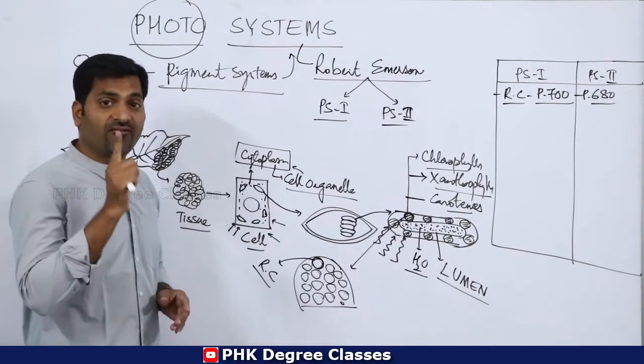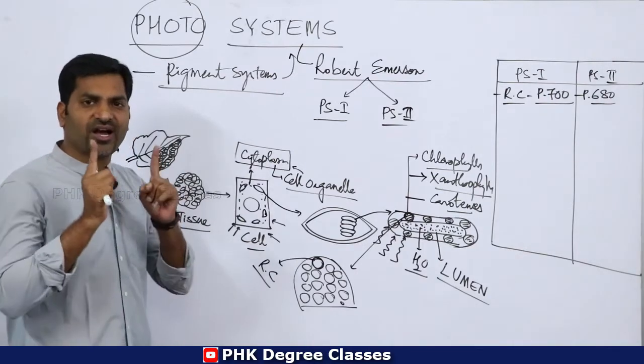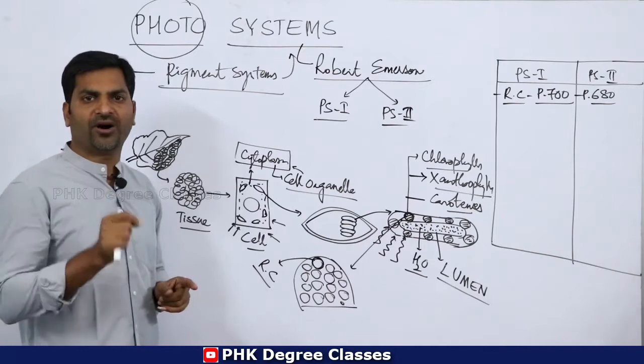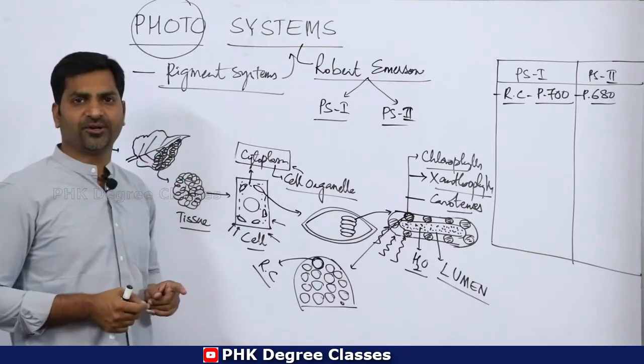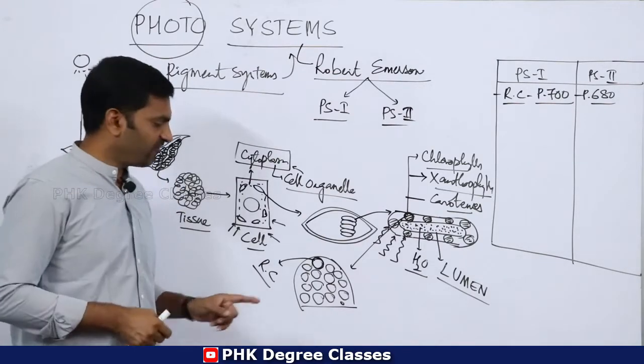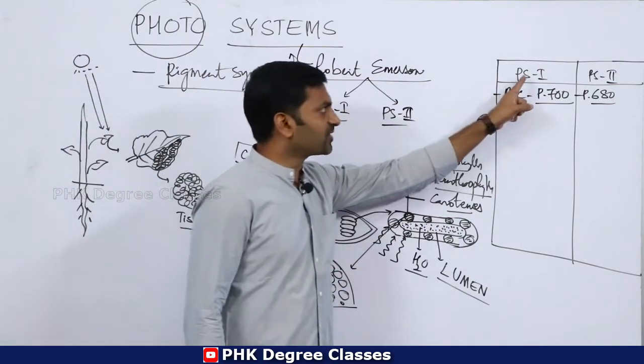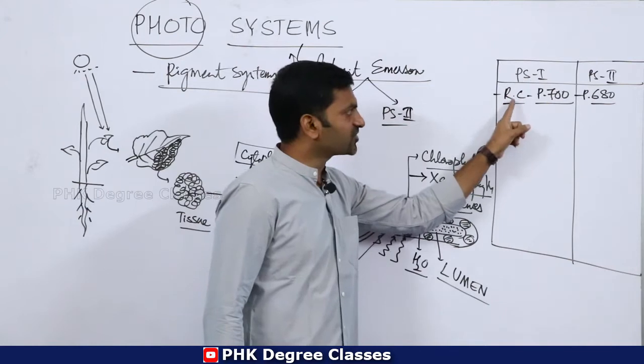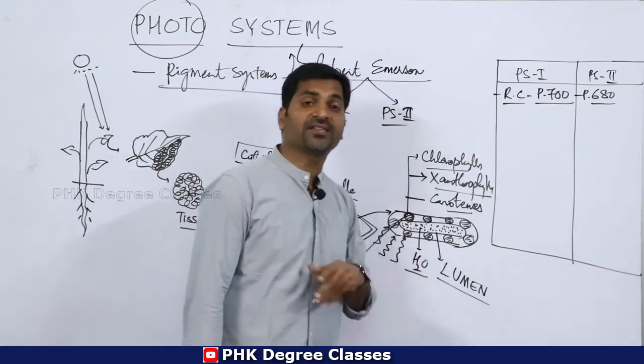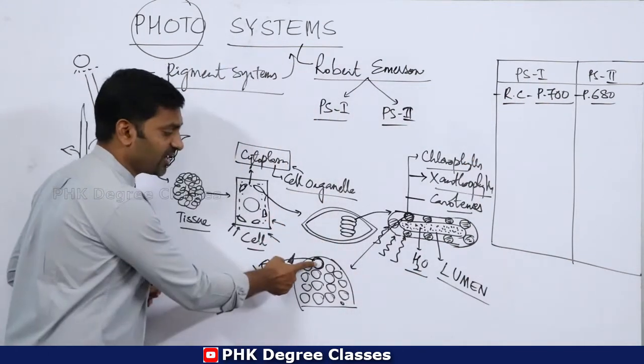What is meant by reaction center? Reaction center is a chlorophyll molecule which is very active when compared to other chlorophyll molecules. Clear? So in this context, PS1 reaction center is P700. P700 is nothing but the reaction center.